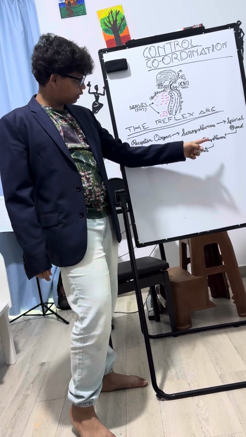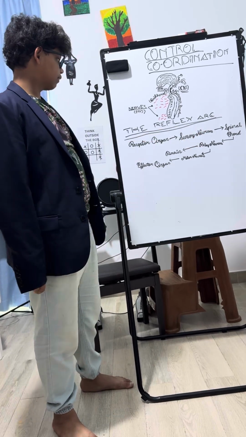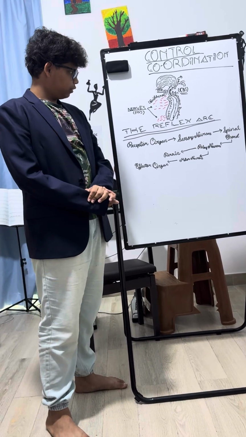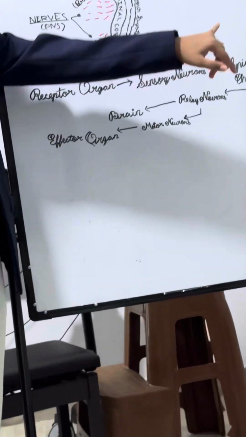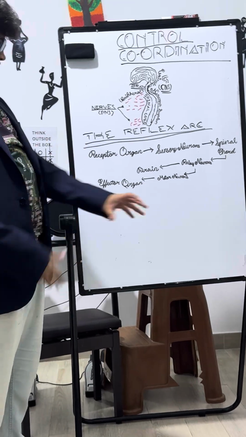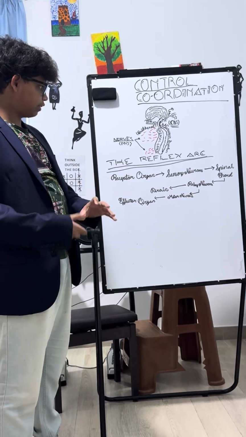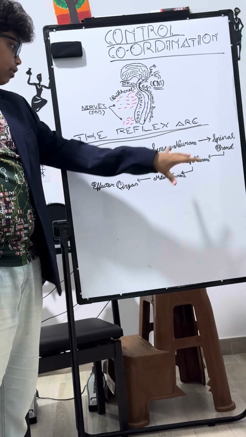But before doing that, it will also send an electric impulse to the brain. So that's how it moves. There will be a sensory neuron to send it to the spinal cord, and a relay neuron to relay the electric impulses, sending one to the brain and one to the motor neuron.